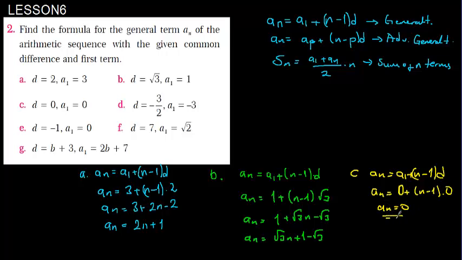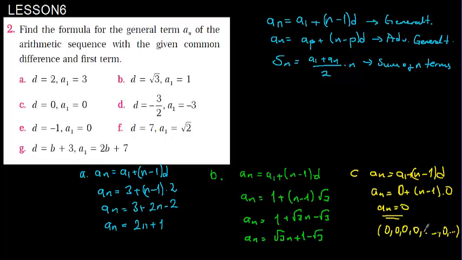So this sequence is a constant sequence, equal to 0, 0, 0. It will continue like this.